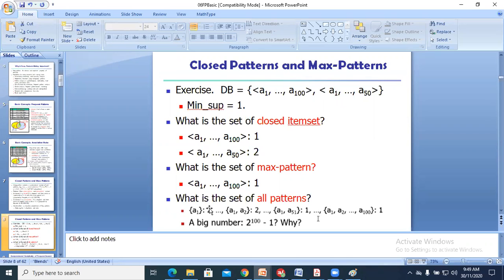We can find the value of the frequent patterns with the help of the closed item set. But the maximum pattern will not help us to find the value of all frequent patterns. So only the closed item set helps us.